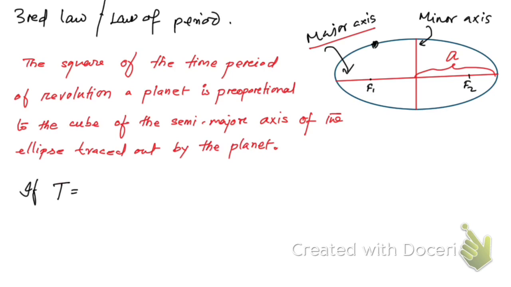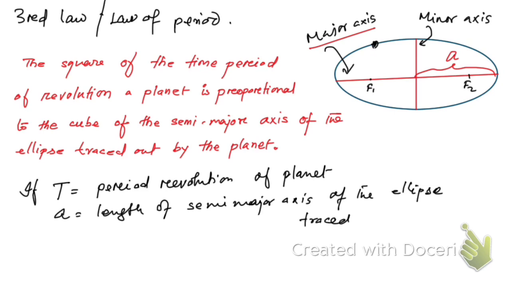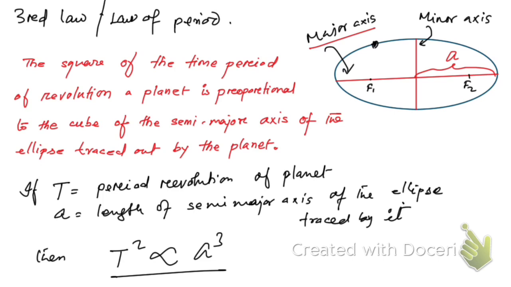If T is the period of revolution of a planet, and a be the length of the semi-major axis of the ellipse traced by it, then the third law says that the square of this time period is directly proportional to the cube of a. Okay, that is the third law. So hope you have understood this.